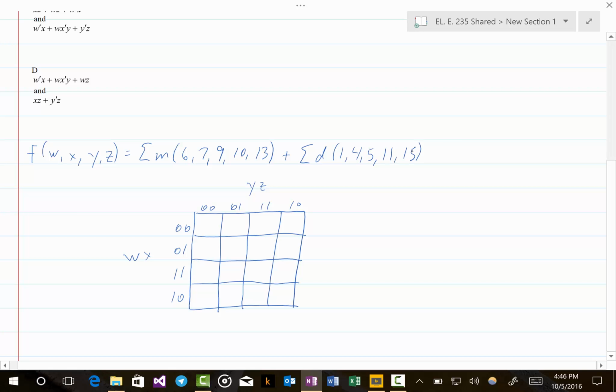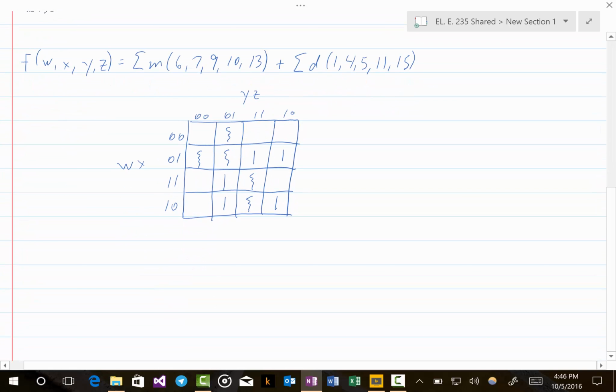So cell 6, if we start counting, this is cell 6, and here is 7, here is 9, here is 10, and here is 13. Those are the solid ones. And then the squiggly cells in cell 1 and 4 and 5 and 11 and 15.